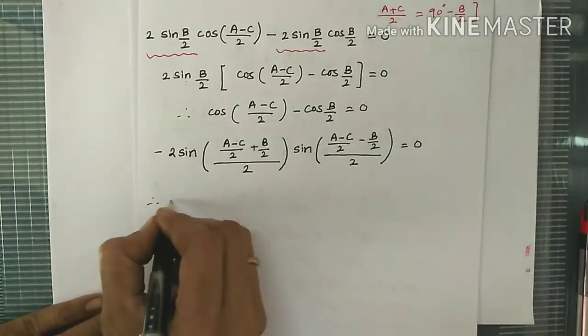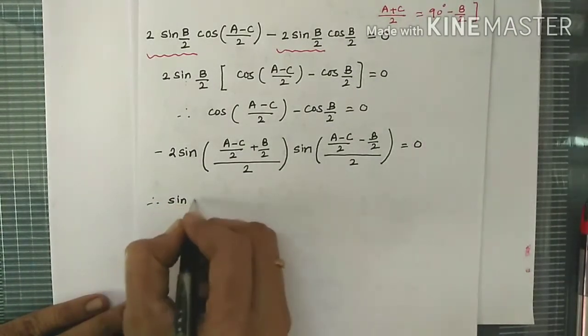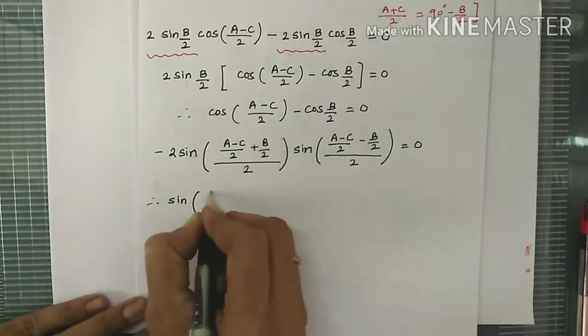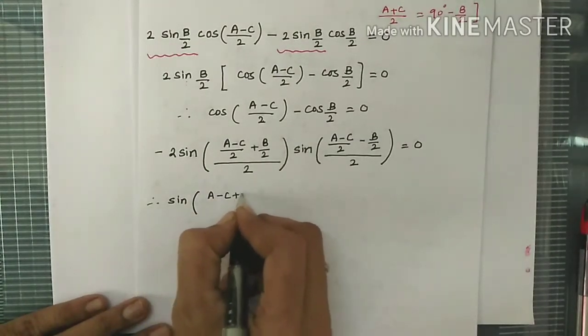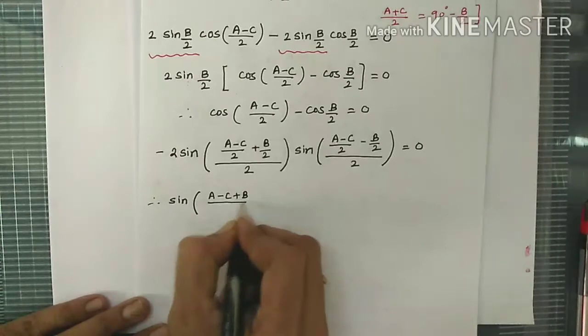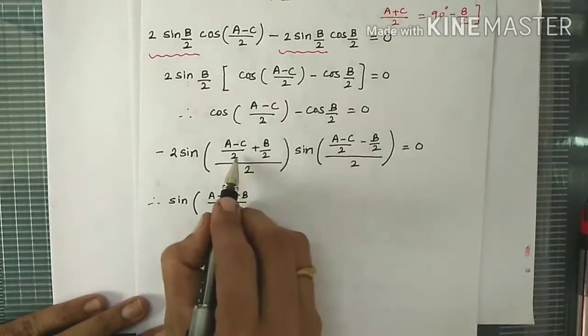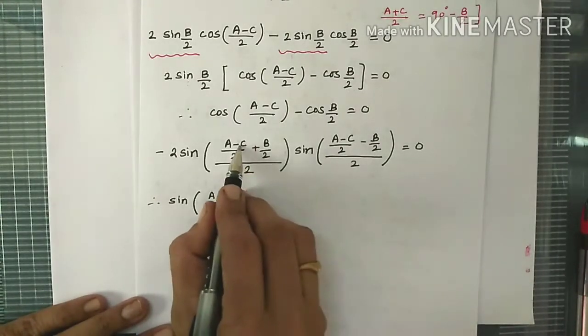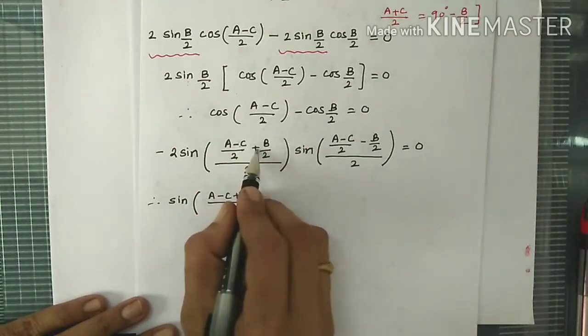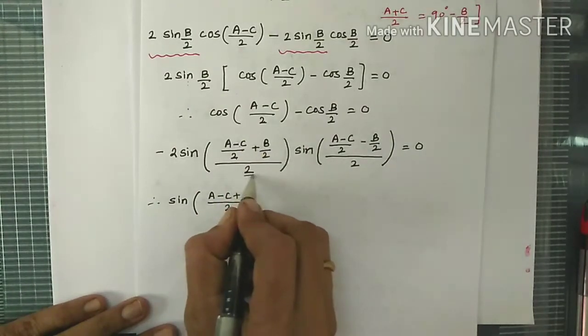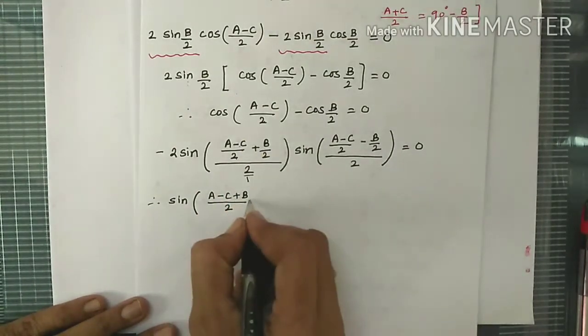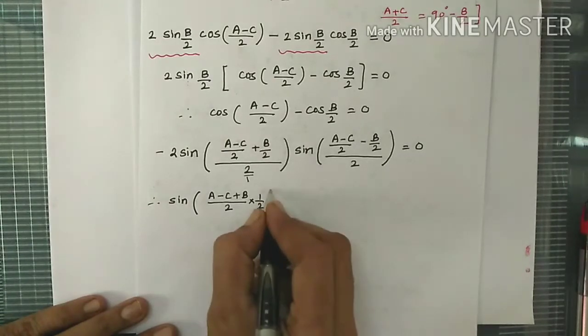Therefore sin of (A minus C plus B) divided by 2. Since the denominator is the same, we are adding the numerators. So (A minus C plus B) upon 2, and this 2 is 2 by 1, so it is multiplied by 1 by 2.